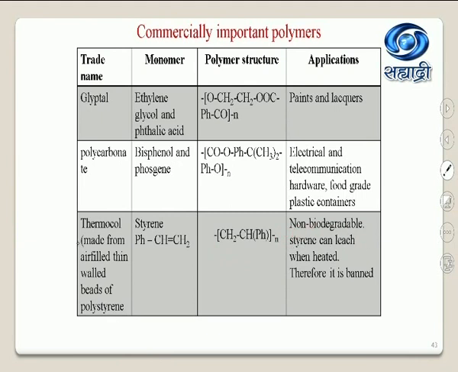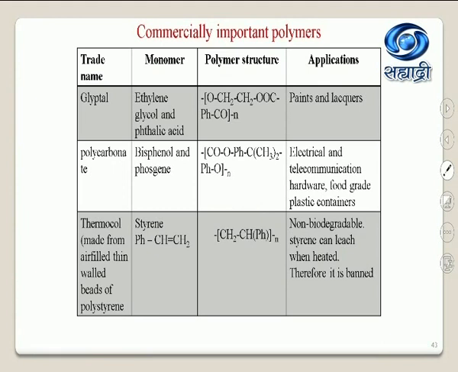Remember, styrene can leach when heated, and therefore this polymer is totally banned. So in this way, these are some examples given in your textbook which are commercially important polymers.